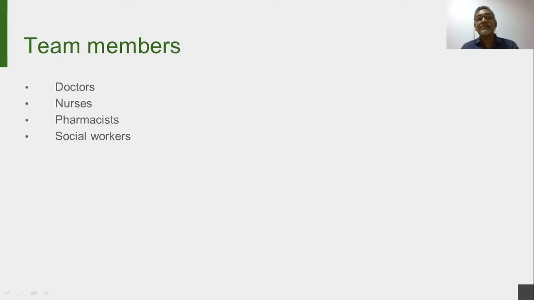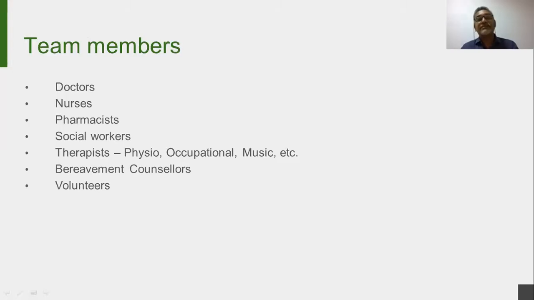Team members. Again, we are familiar with all these people, but I want you to focus on this last set of people, that is the family and other caregivers.